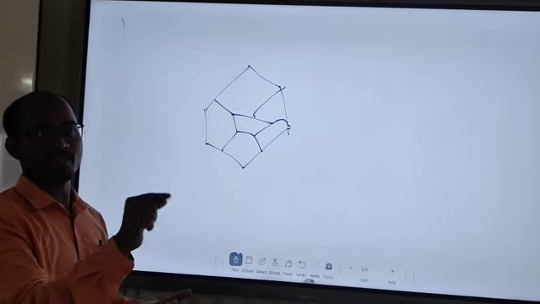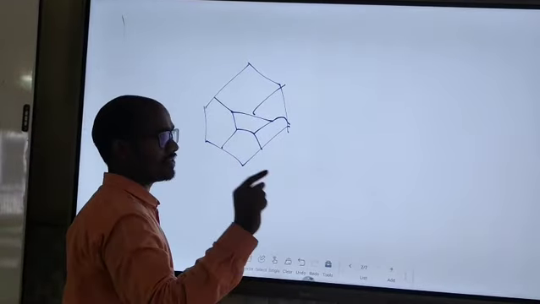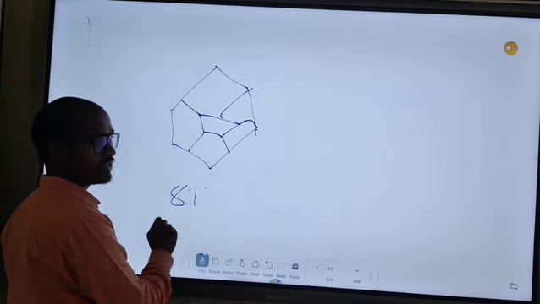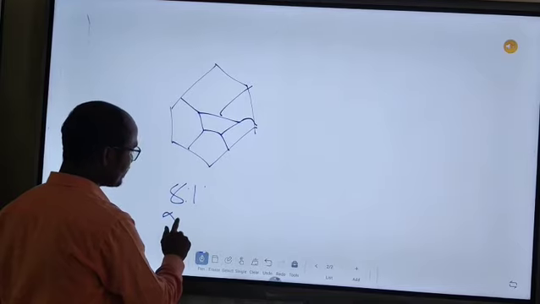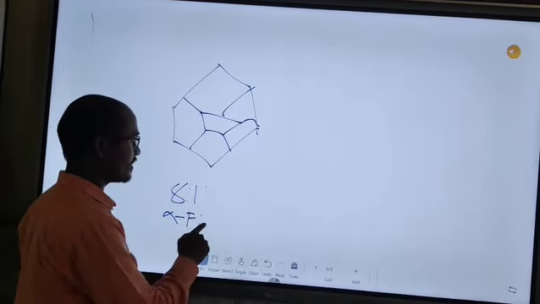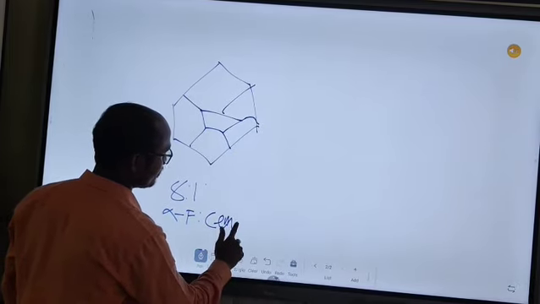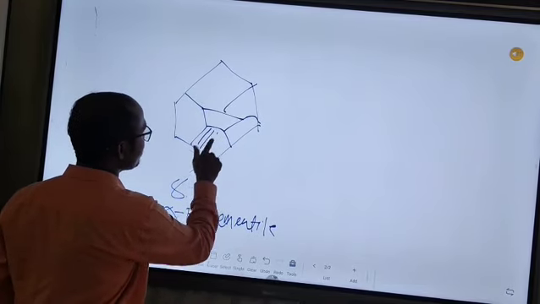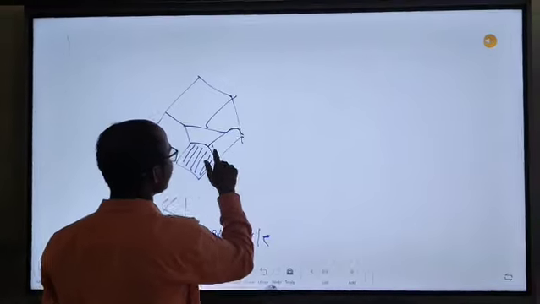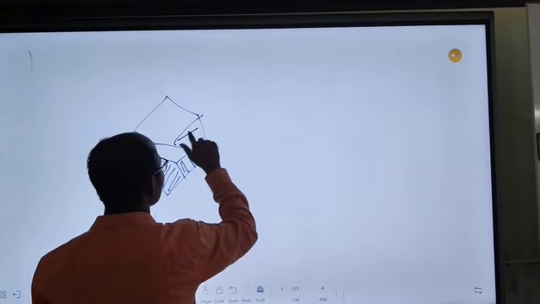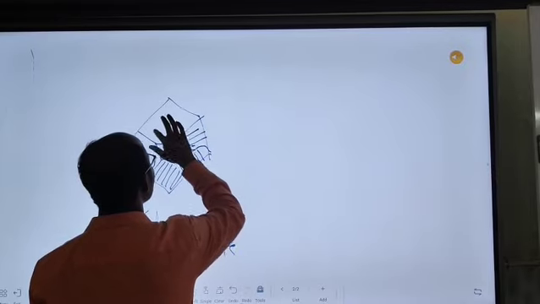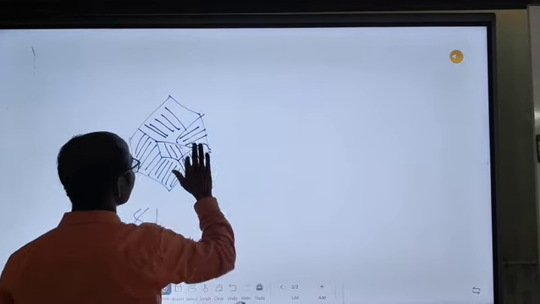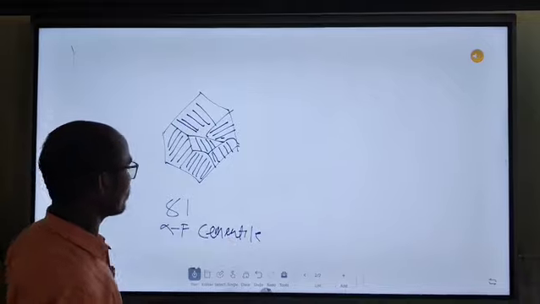One is alpha ferrite, another is cementite. The ratio of alpha ferrite to cementite is 8:1. 8 is alpha ferrite, and 1 is cementite. So this type of structure we get in the pearlitic transformation. This is a lamellar structure.